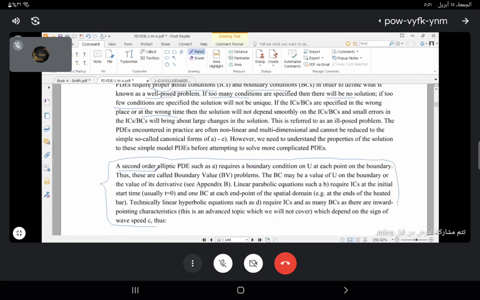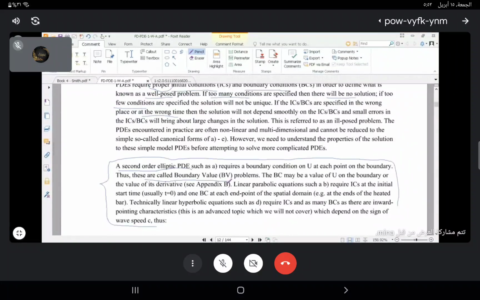A second order elliptic PDE requires a boundary condition, which means the elliptic equation is a boundary value problem, abbreviated BV. So elliptic PDEs require a boundary condition on U at each point on the boundary, and thus they are called boundary value problems.